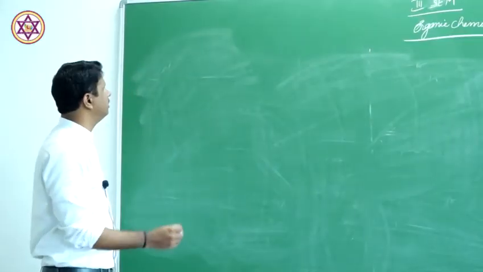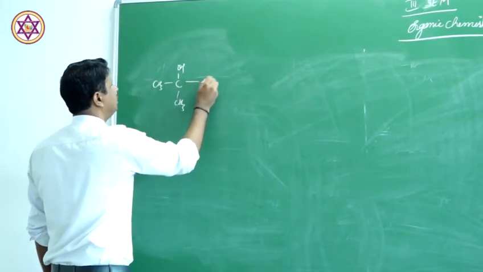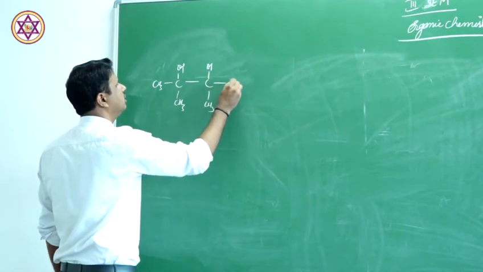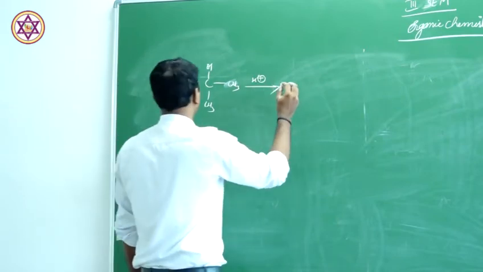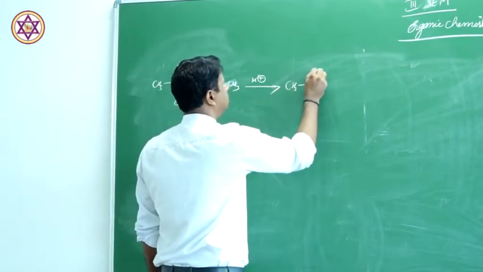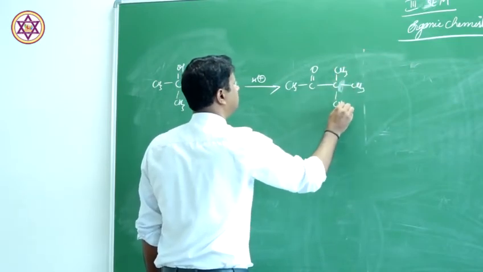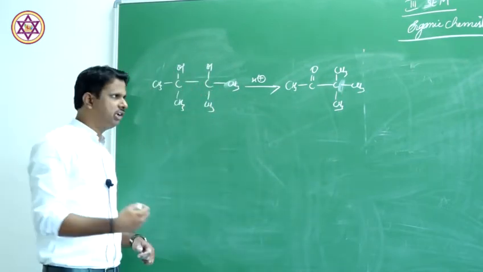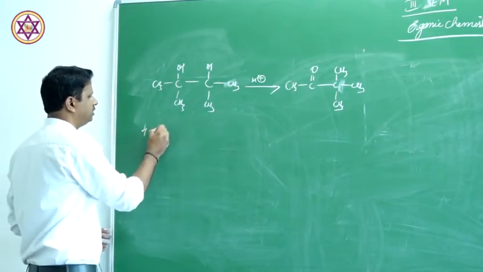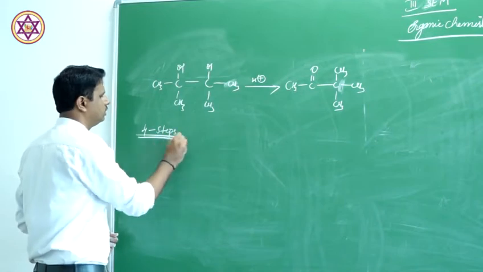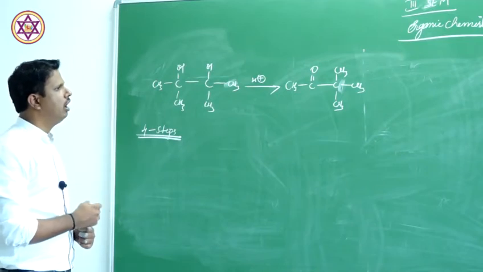I will write the reaction once again here: pinacol, CH3, C(OH), C(OH), CH3, CH3, CH3. When you add H+, you get CH3, CO, C, CH3, CH3, CH3. The mechanism takes place in 4 steps. Let us write them one by one so that we can understand how the reaction takes place.